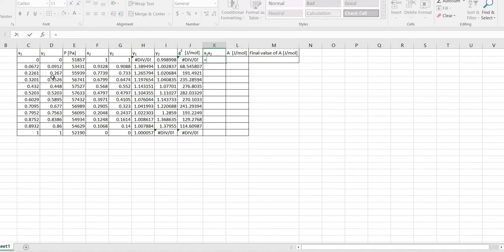Now calculate the product of x1 and x2 at each data point. A is equal to the excess Gibbs energy divided by x1 times x2.